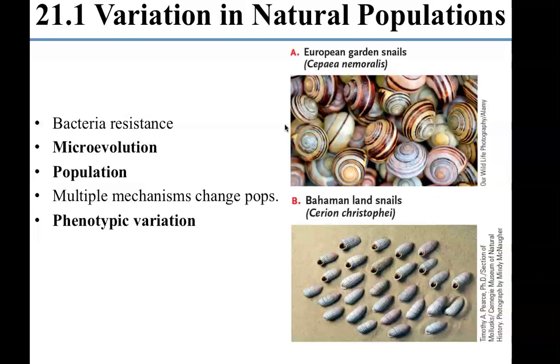Okay, so how does a population evolve? There are multiple mechanisms that change populations and cause them to evolve. We talked about the one that Darwin discovered in the last chapter, natural selection, and you're going to see in this chapter that there are several mechanisms that cause evolution to occur. We'll come back to that point later in the lecture.